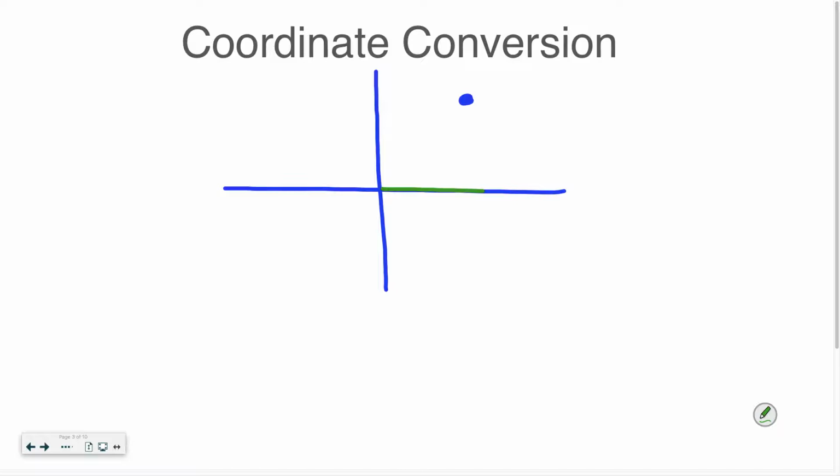Specifically how many to the right? Describe it with a letter. X. There we go. And we would go up y, is what he said. Or we could rotate theta and then walk out r.